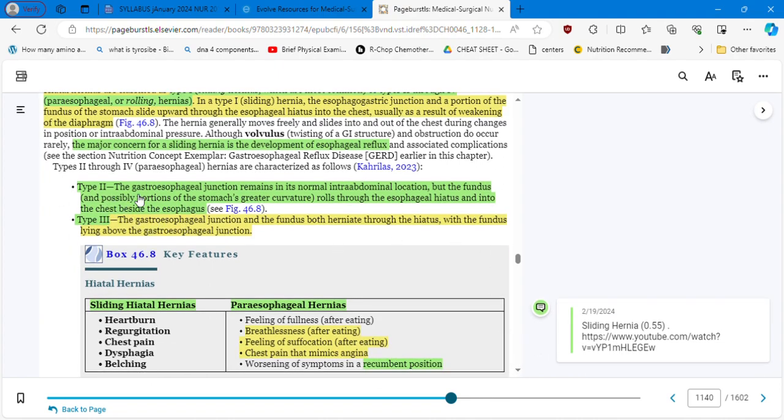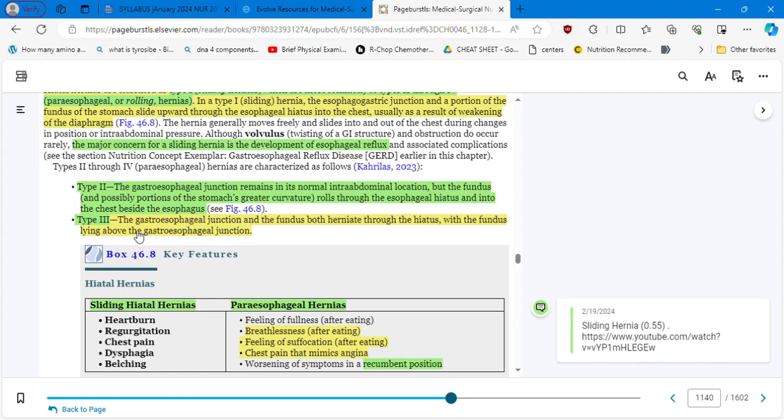Okay, in type 2, the gastroesophageal junction remains in its normal intra-abdominal location, but the fundus and possibly portions of the stomach's greater curvature roll through the esophageal hiatus and into the chest beside the esophagus.